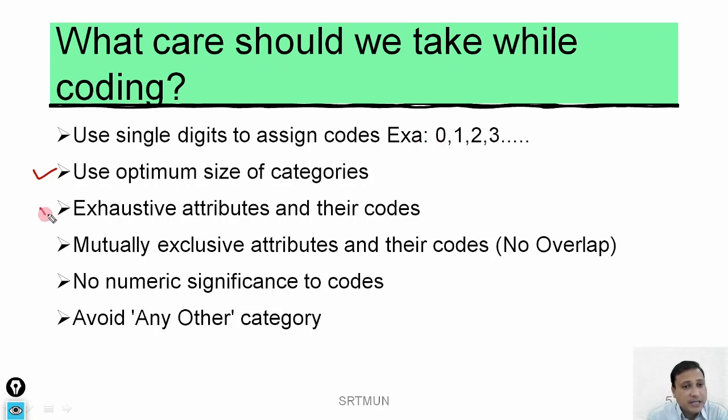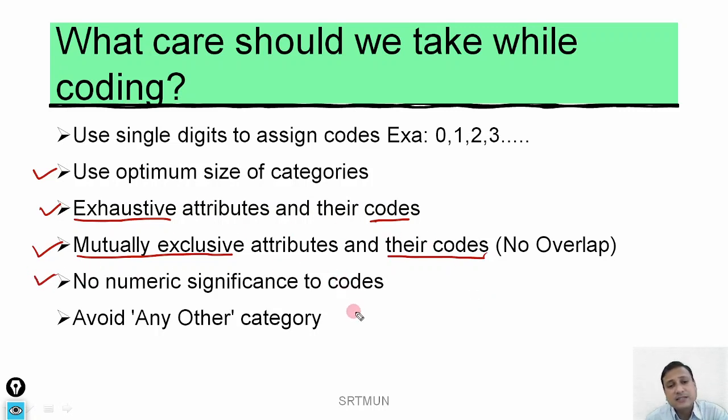Third point, exhaustive attributes and their codes. Already we have seen the meaning of exhaustiveness in the previous slide. So your attributes should be exhaustive, and accordingly you should assign codes. Fine. Then mutually exclusive attributes. Meaning of this already we have seen in the previous slide, and accordingly you should assign the codes.